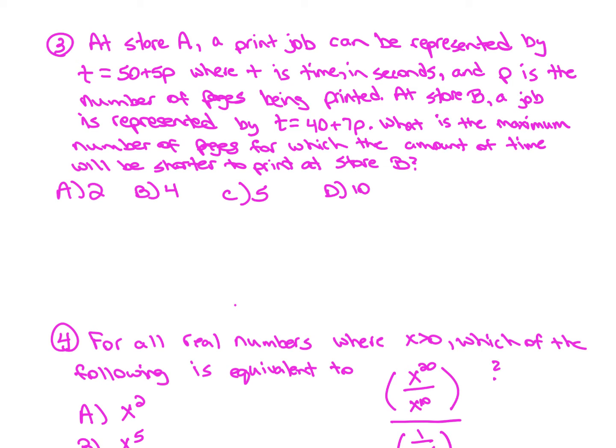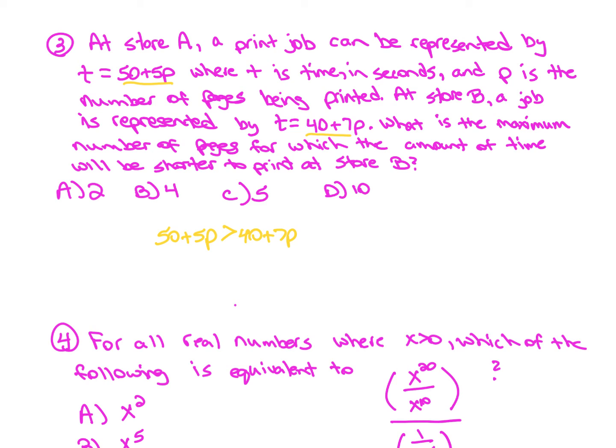So for store A, I'm going to use 50 plus 5p, and for store B, I'm going to use 40 plus 7p. So we want the time to be less for store B.